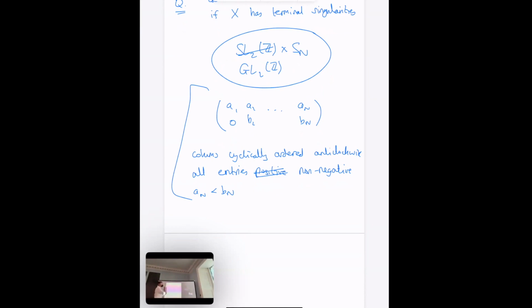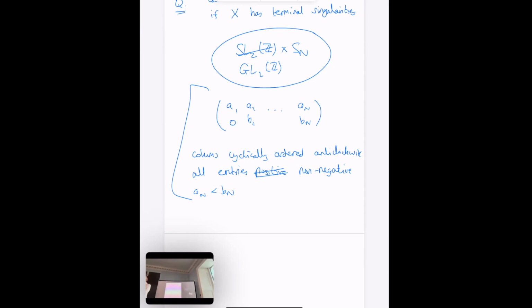Okay, so if you give me this matrix, can I tell you whether the corresponding algebraic variety has terminal singularities or not? Telling whether something has terminal singularities is a hard problem. So prior to this work, how you would have to approach this is you would take the toric variety and find the corresponding fan, which I haven't told you about, it's a different way of presenting the toric variety.